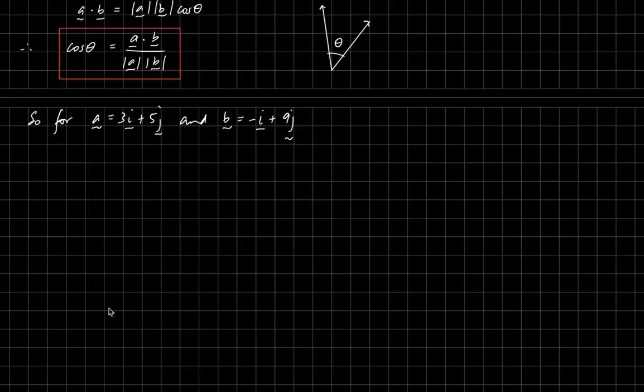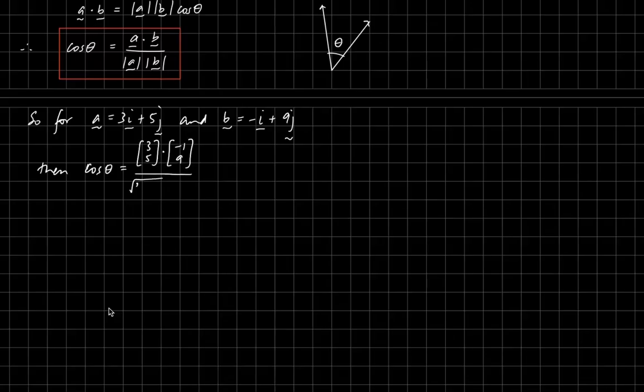That's a pretty rough sketch, but we'd be trying to find this angle between them here. Using the rearranged definition, we're saying that the cosine of the angle between them is equal to the dot product of these two, so the dot product of (3, 5) and (negative 1, 9), divided by the product of their magnitudes.